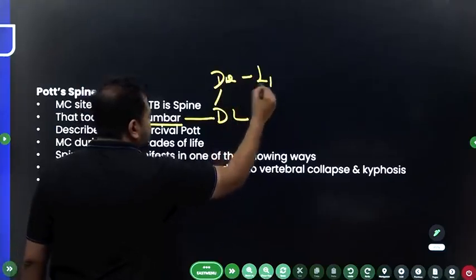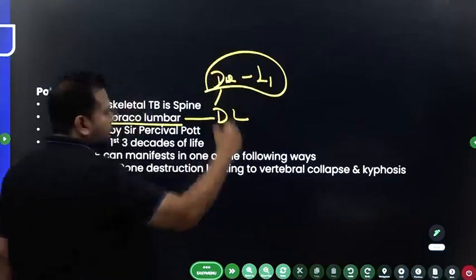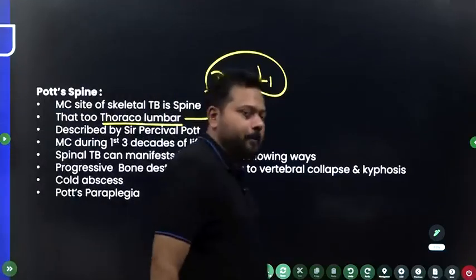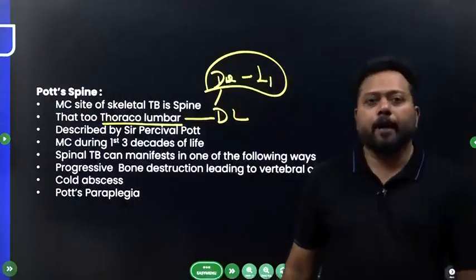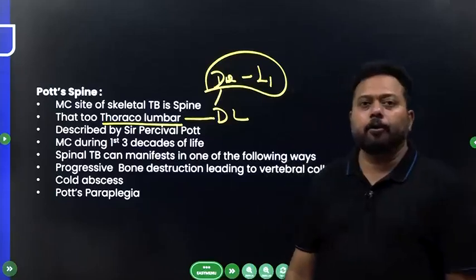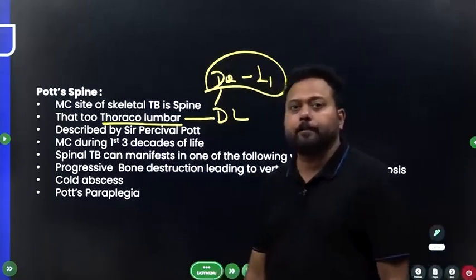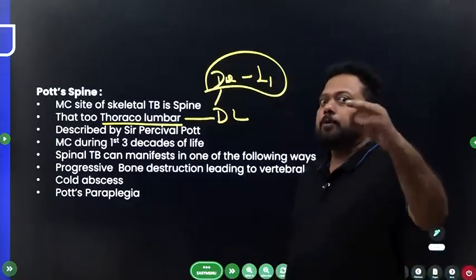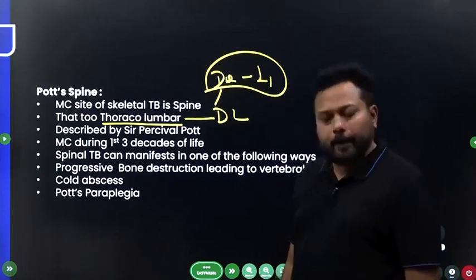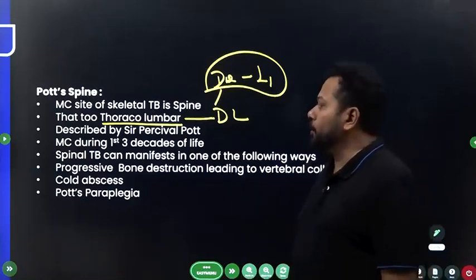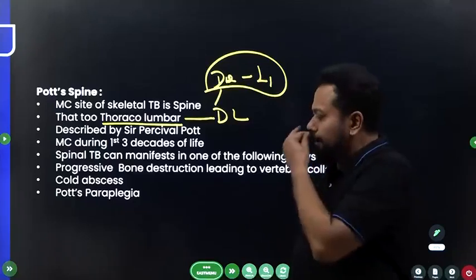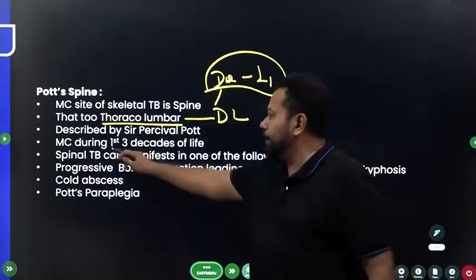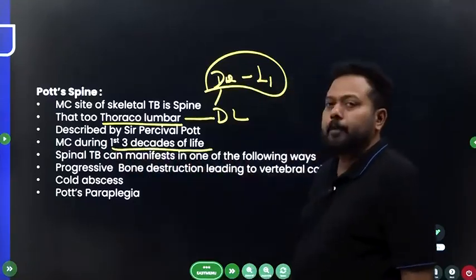Second common site, L1. Why? I told you in the wedge compression fracture chapter, D12 is the most weight bearing vertebra. And it is common during the first 3 decades of life.